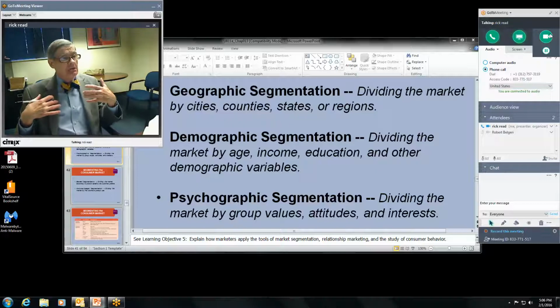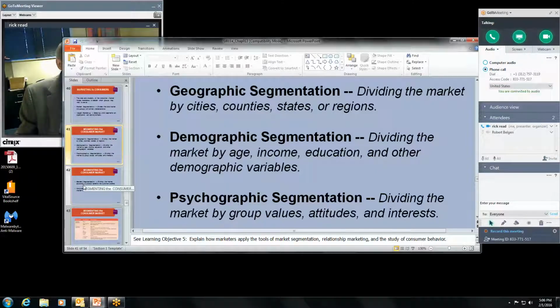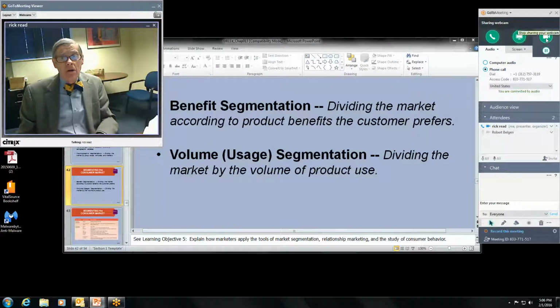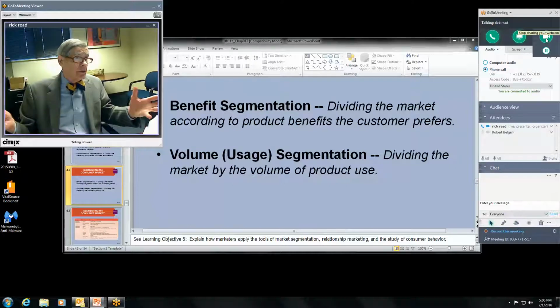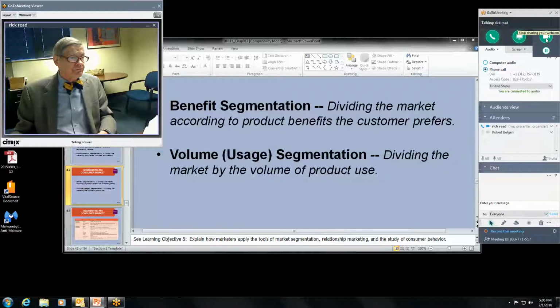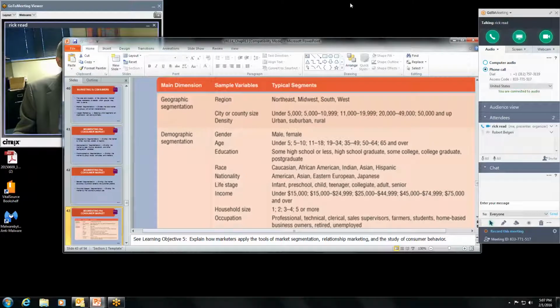This is dividing them by values, attitudes, etc. I'll also have a couple of others. Benefit segmentation. And notice here it says by product benefits that the customer prefers. And then finally, volume. And we don't need to discuss volume any more than what we already have.